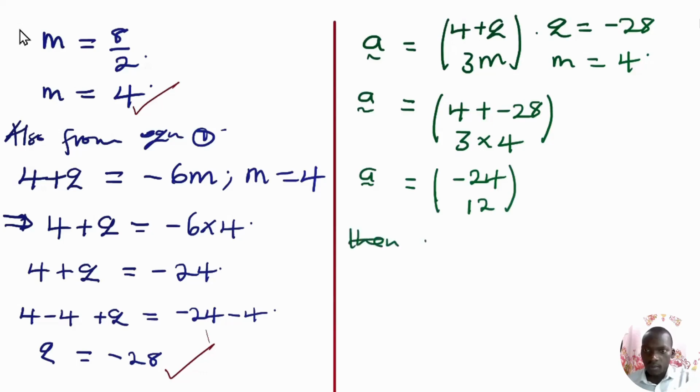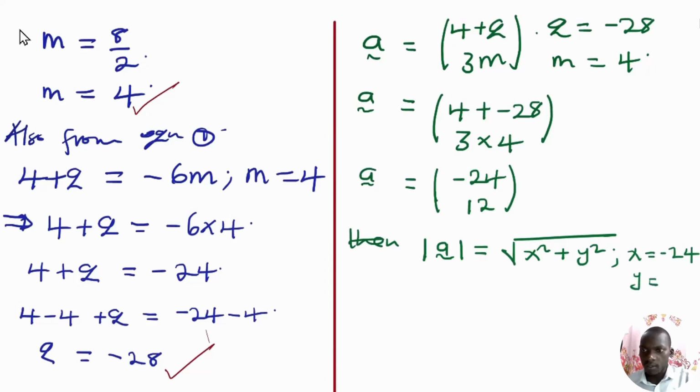Then the magnitude of vector A, from the formula, is equal to the square root of x squared plus y squared, whereby in this case x is equal to negative 24 and y equals 12. So let's substitute in. The magnitude of vector A equals the square root of negative 24, the whole of it squared, plus 12 squared.